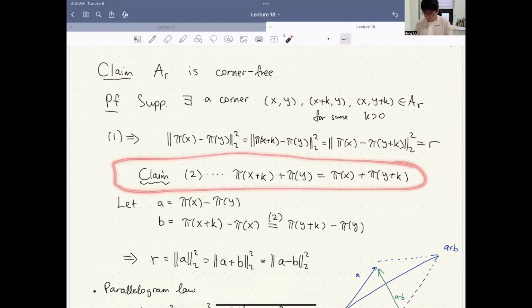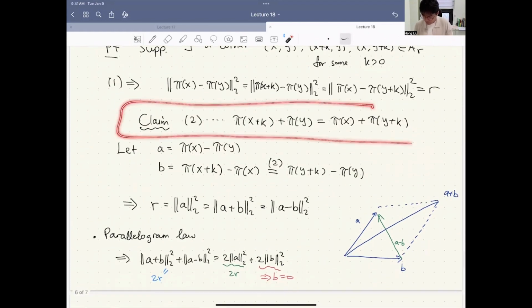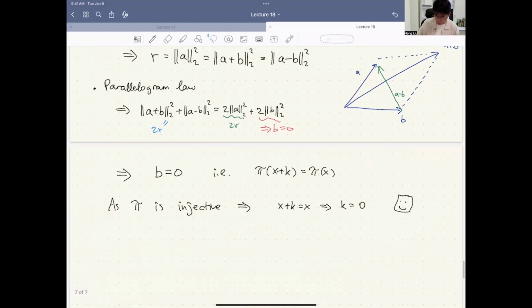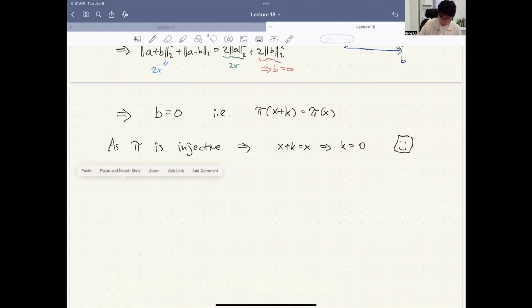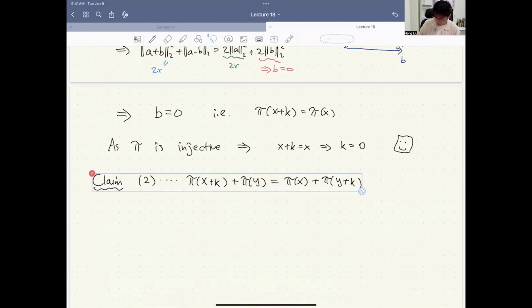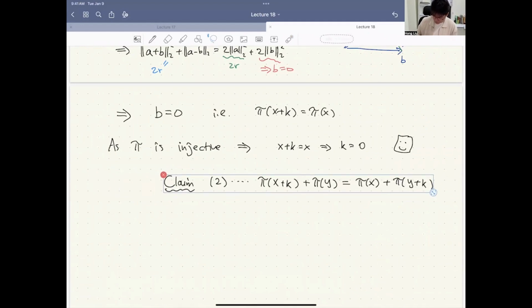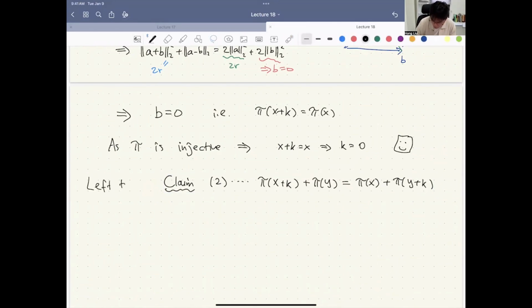So that's proof 2. How do we prove this? Left to show this.